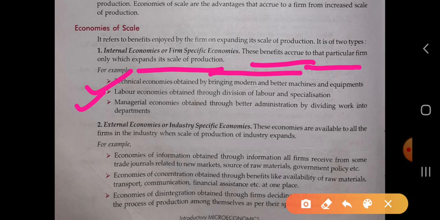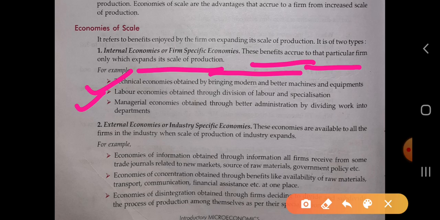When there is division of labor, and there is also some specialization of that labor, ultimately there are benefits and advantages in labor economies also. ओके, कि वो क्या होगा, डिफरेंट लेबर्स का डिवीजन ऑफ वर्क करके उनमें स्पेशलाइजेशन करके, इससे अल्टीमेटली लेबर में भी बेनिफिट्स होगा, and it ultimately increases the economies of scale, the benefit of the scale by expanding its scale of operation.